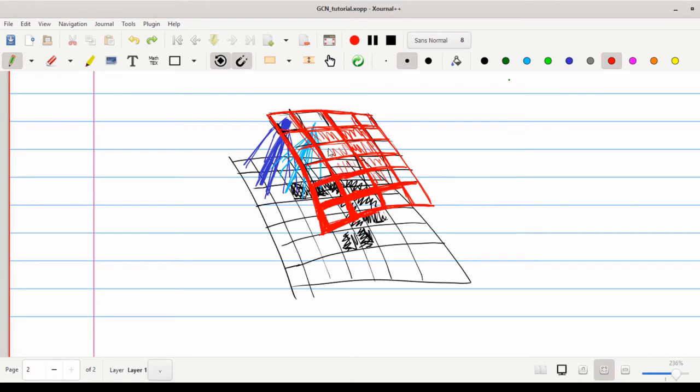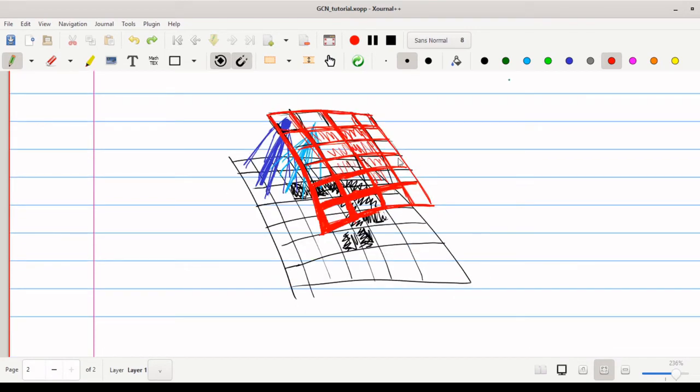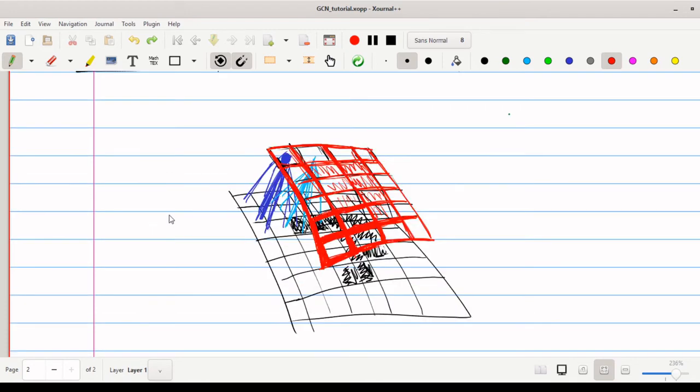It's not a proper introduction to them. So if you're confused, consider checking out some tutorial that goes in more depth into what convolutional neural networks are doing.